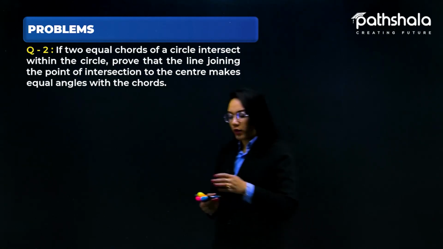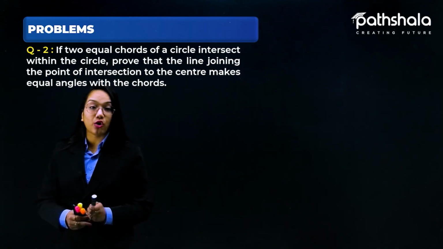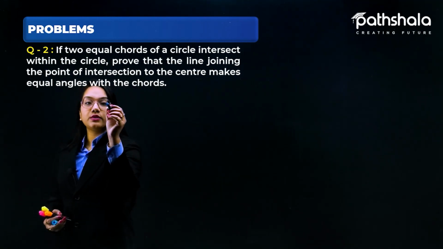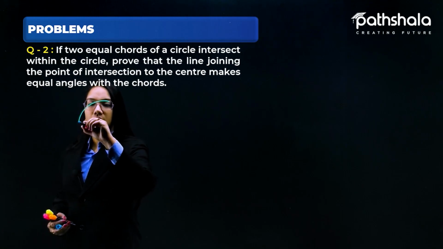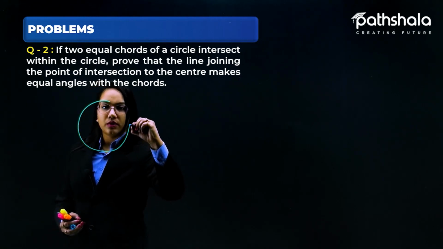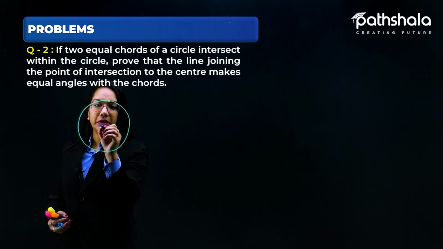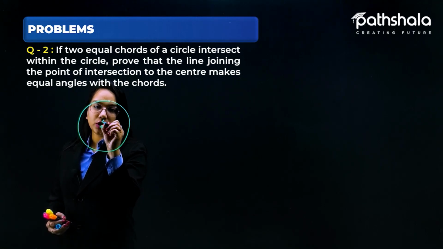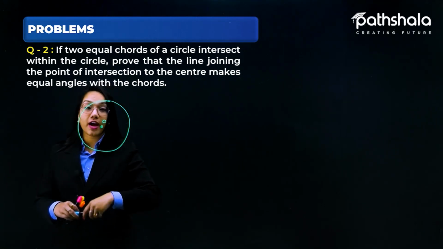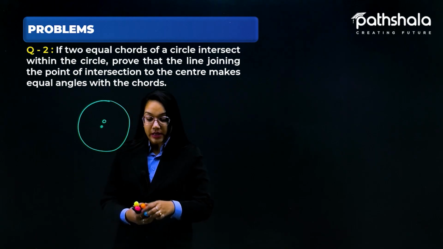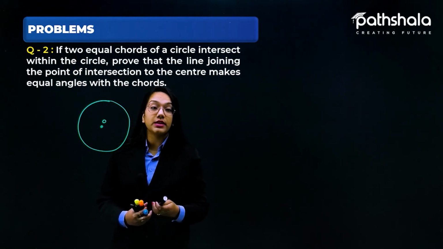So as per the question, let us suppose I draw a circle having the center at a particular point O, and as per the question, we have two equal chords that are intersecting within the circle.